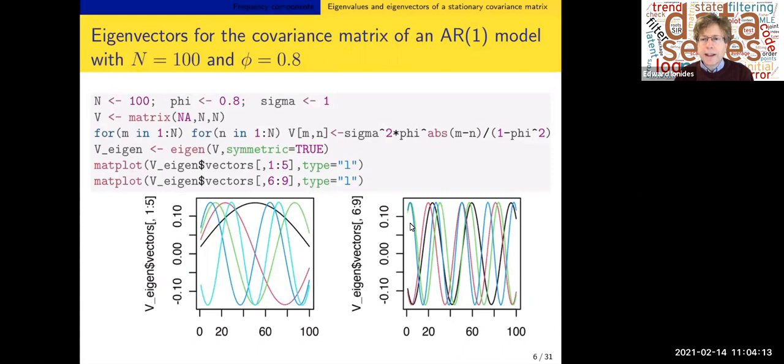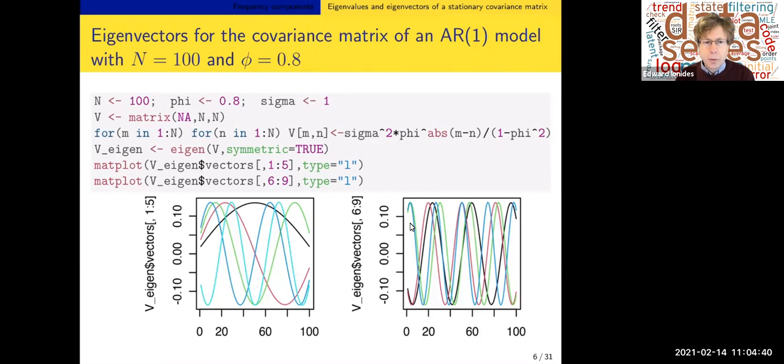Now, we're going to take a kind of empirical approach to starting to understand this. We're just going to use numerical linear algebra to calculate the eigenvectors for the covariance matrix of an AR1 model. Let's pick n is 100. The AR1 parameter phi is 0.8.